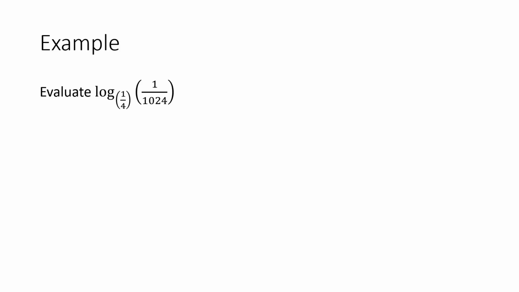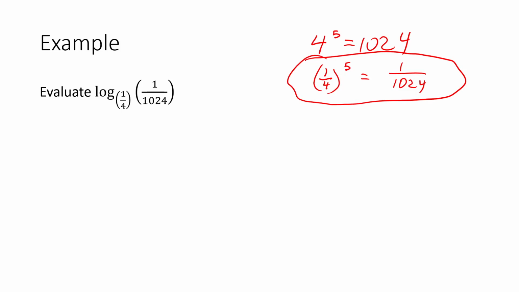How about the log base 1/4 of 1024? A little bit of thinking here. We know that 4 to the 5 is equal to 1024. So that means 1/4 to the exponent 5 is equal to 1/1024. Well, we have our answer right here.